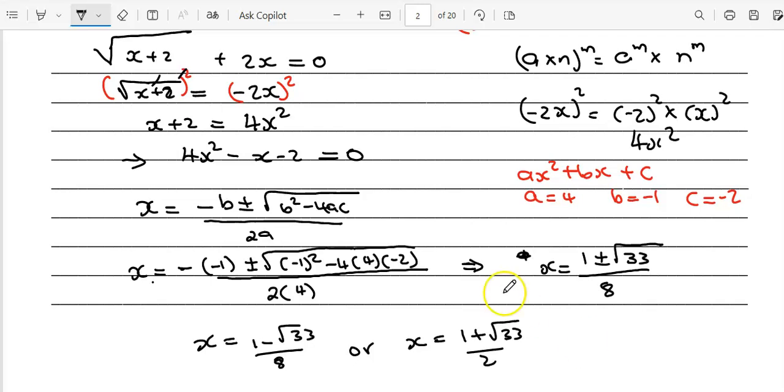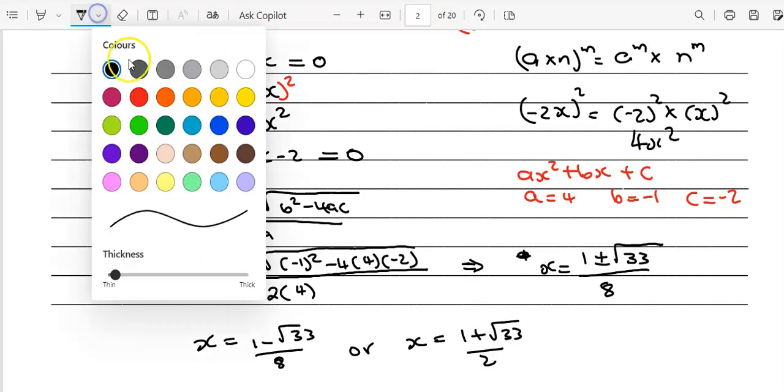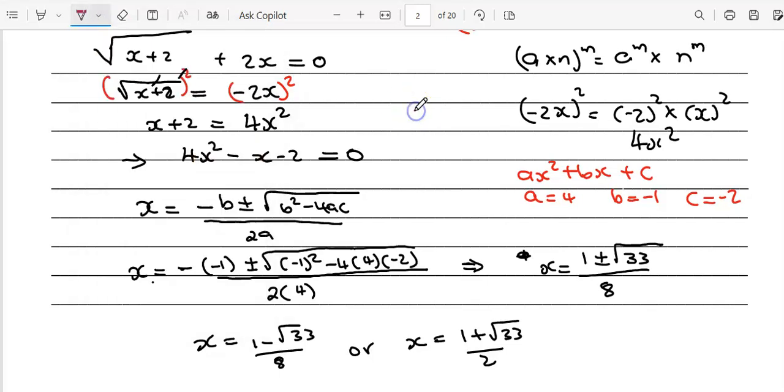When you punch these two numbers on your calculator, you should get your answer as x is equal to 0.8, or x is equal to negative 0.6.